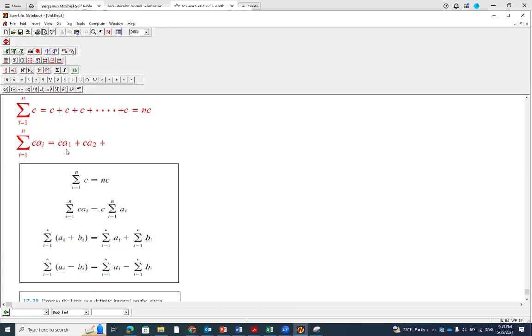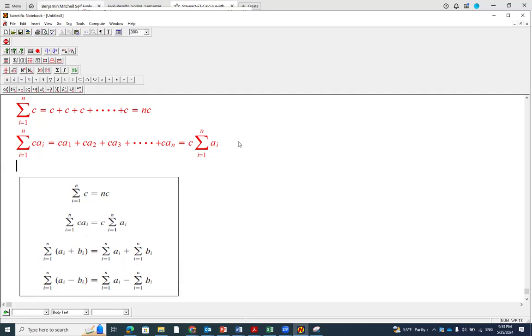For i equals 3, we have c times a sub 3. So we keep going all the way up to n. Adding them, the last one is c times a sub n. You can see that c can be factored out. After c is factored out, we will have a1 plus a2 plus a3 all the way. That's why we have the second formula.